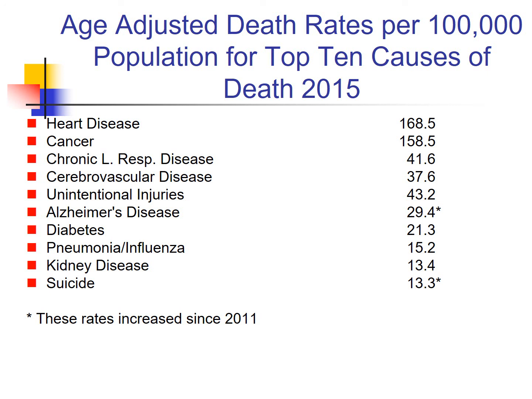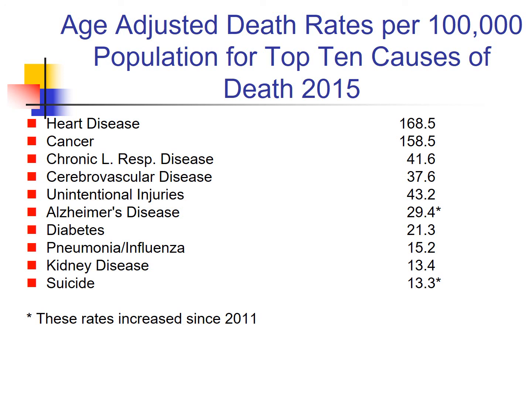While pneumonia and influenza are still in the top 10, 6 of the top 10 are now chronic diseases. And alarmingly, suicide and Alzheimer's disease are the only ones that have gone up. The rates have gone up since 2011. I have some data from 2011. And of all of these diseases, the rates of everything else have gone down, but the rates for suicide and Alzheimer's have increased.